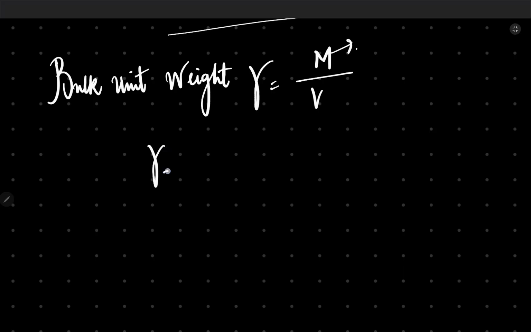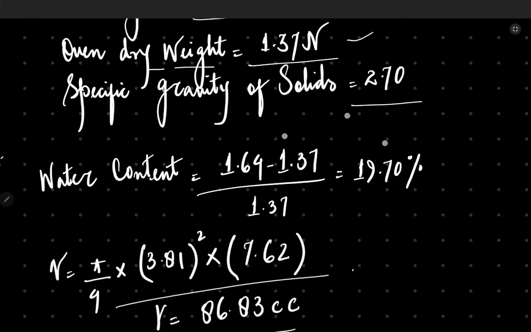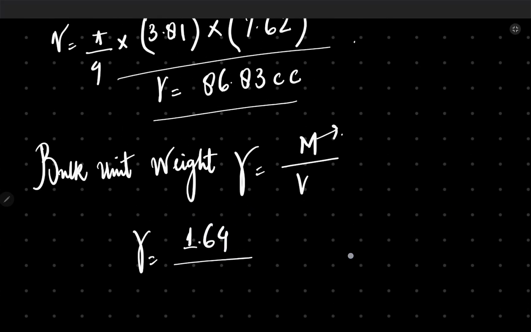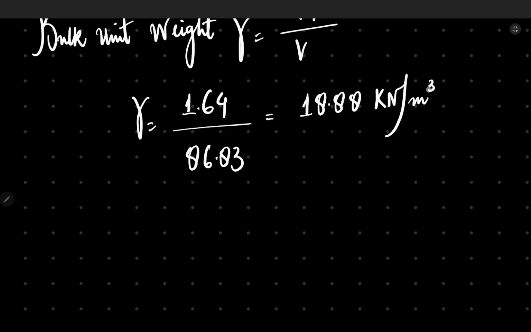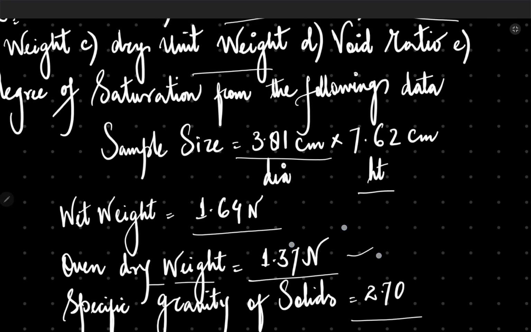So bulk unit weight, wet weight is 1.64 newtons, volume of soil is 86.83 cc. Upon calculating, this is equal to 18.88 kilonewton per cubic meter. This is our bulk unit weight. So second parameter has also been calculated.